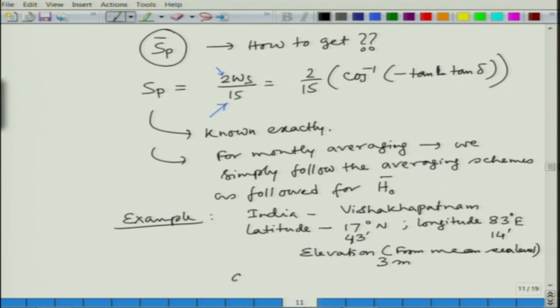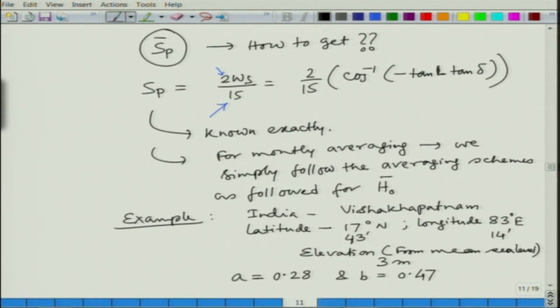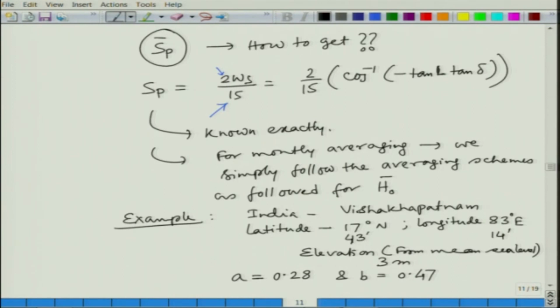And for that, based on the curve fitting, we have calculated coefficient A as 0.28 and coefficient B as 0.47. Now, if we use that equation, H bar divided by H naught bar equal to A plus B into S A bar divided by S P bar, and put in these particular A and B, then that equation will give you the predictive model for the location Visakhapatnam.